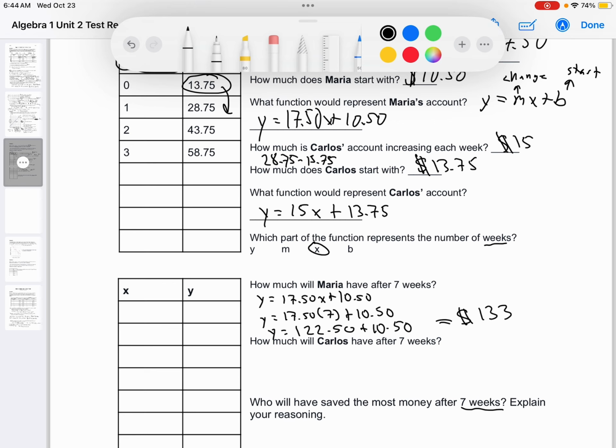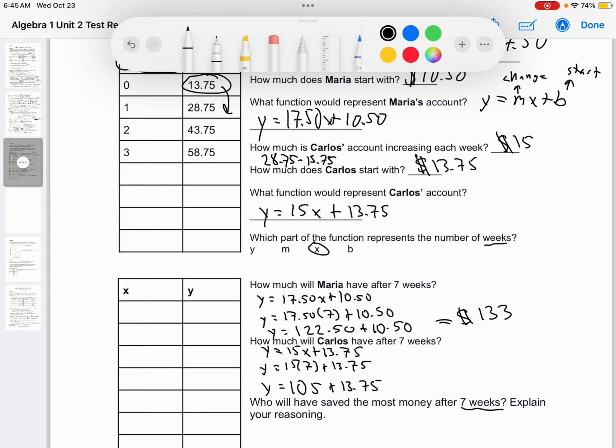And we can do the same thing for Carlos. Carlos's function was y equals 15x plus $13.75 because he puts in $15 every week and he started with $13.75. Substitute in 7 to the function. We're going to have y equals 15 times 7 plus 13.75. $15 per week times 7 weeks would give me 105 plus the $13.75 that he started with.